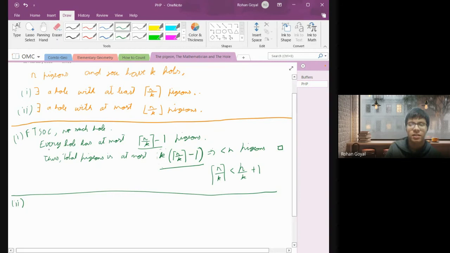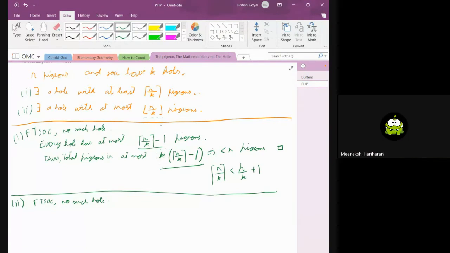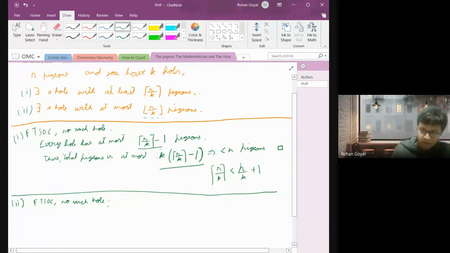Vansh, how did we start? Assuming that there was no hole. Okay, so for the sake of contradiction, assume no such hole. So what can we say if there's no such hole? How many pigeons in every hole? Floor of n by k plus 1.